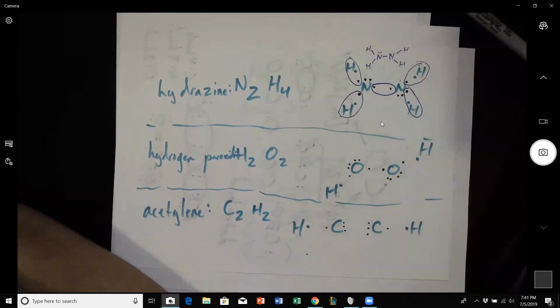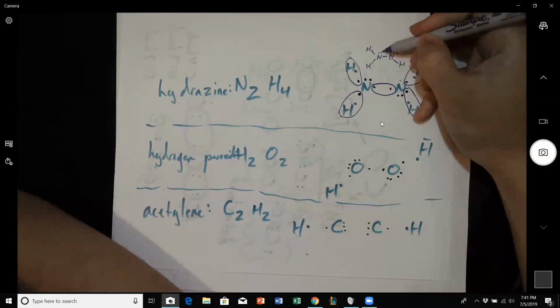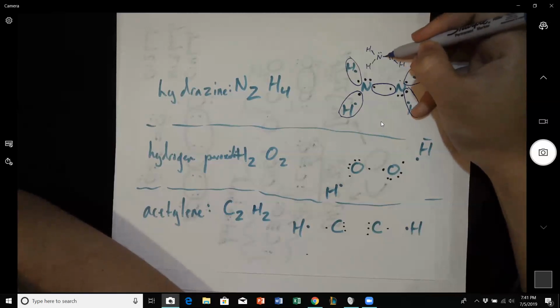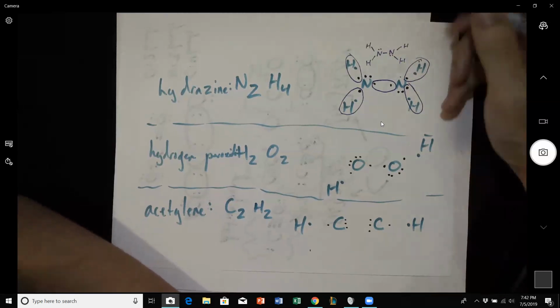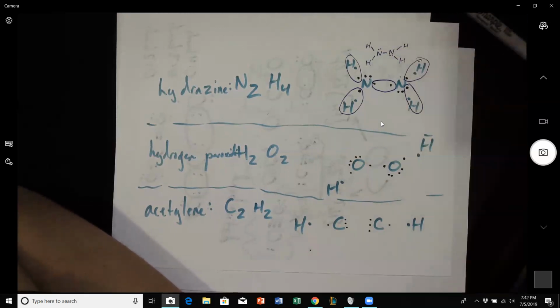Great. Okay. So can you see that? Each bond contains 2 electrons. So 2, 4, 6, and then 7, 8. So we've fulfilled the octet rule here. And as you notice, this one also follows the rules, since each nitrogen forms 3 bonds.